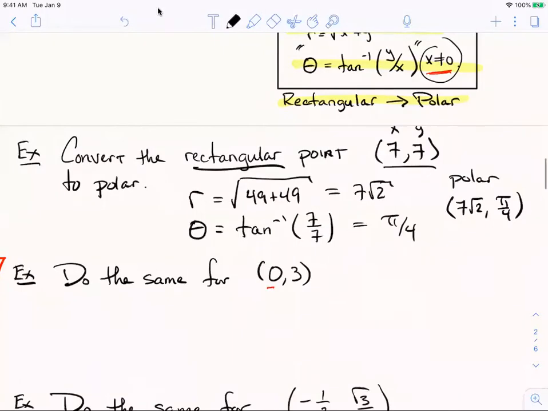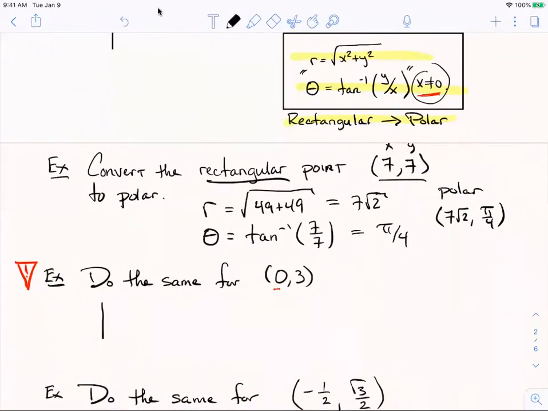Let's draw a little picture of the xy plane. Pictures are always helpful. I know where the xy coordinates of 0, 3 are. It's right there. So I can still compute the radius. It's the square root of 0 squared plus 9. It's the square root of 9, that's 3.